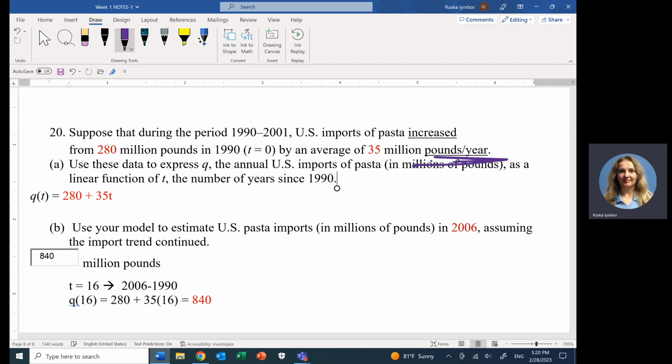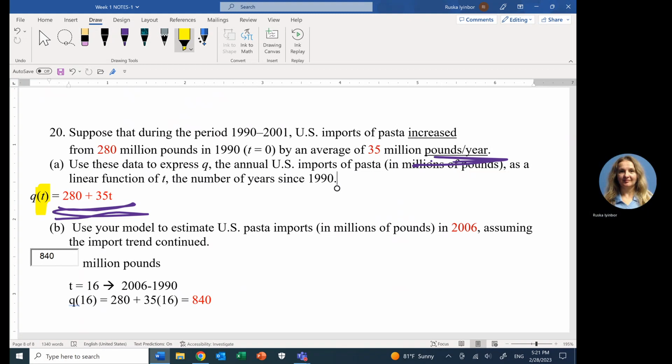Per year means variable cost, 35 million each year. So you have 35 times x, but instead of x, you use t because that's what they have here. So that's the equation for the import of pasta in this question.